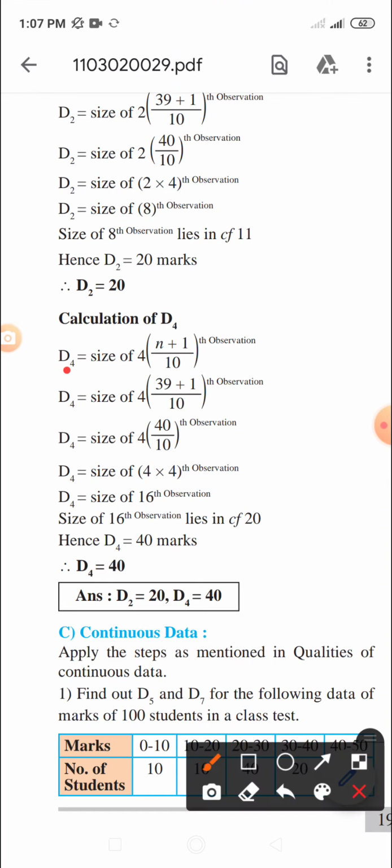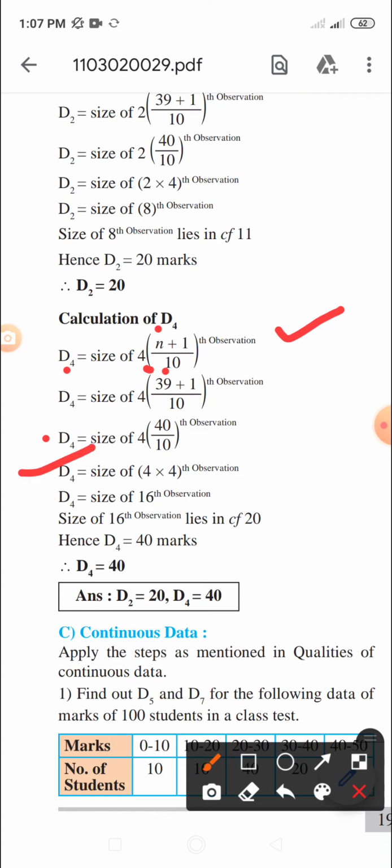D4 is equal to size of 4 into bracket n plus 1 upon 10 bracket complete observation. Next, D4 is equal to size of 4 into 39 plus 1 upon 10th observation. D4 is equal to size of 4 into 40 upon 10th observation.